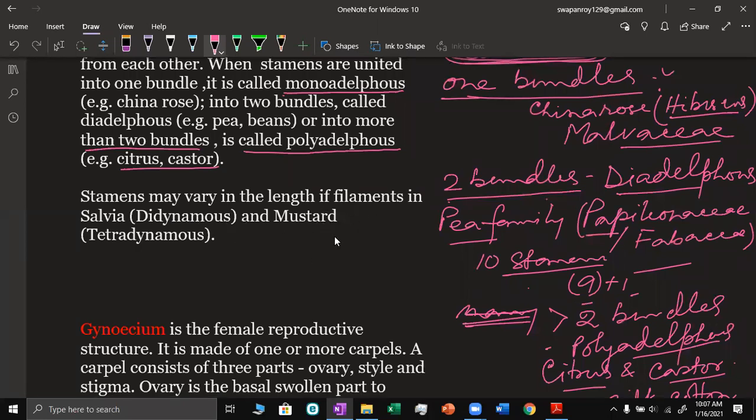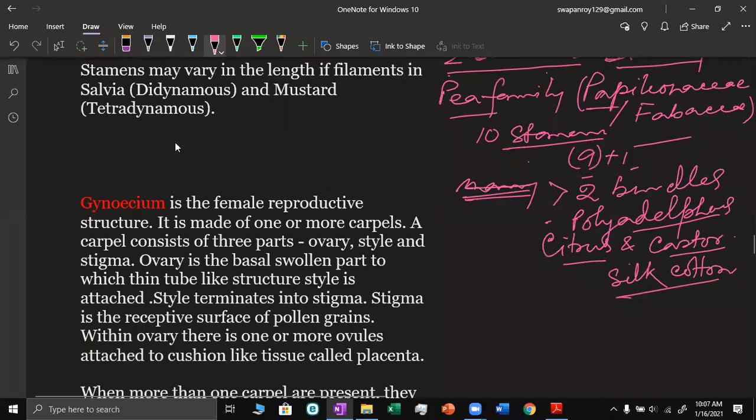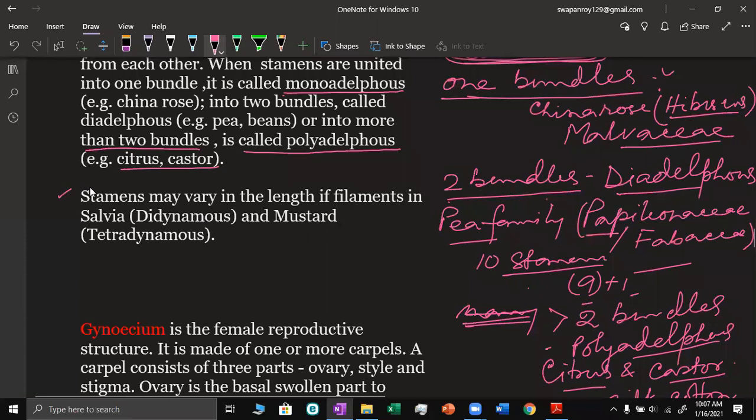Another thing is that in some of the flowers, the length of the stamens are not equal. Stamens may be equal in length or not equal in length.